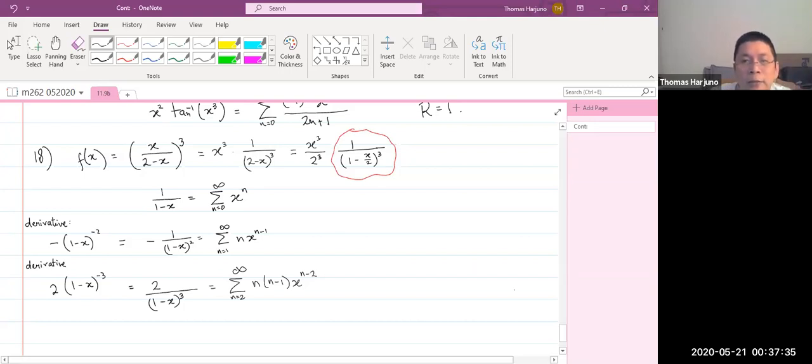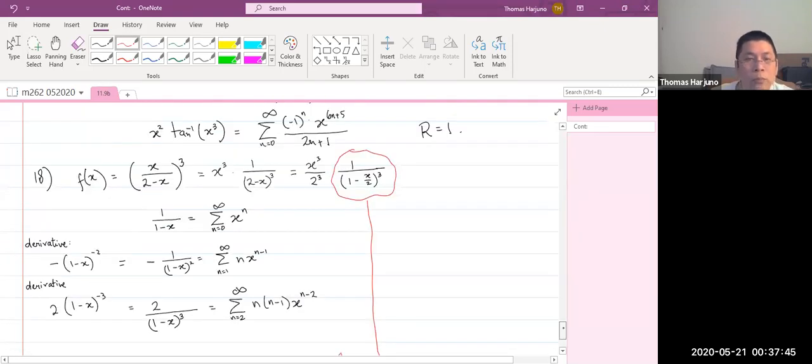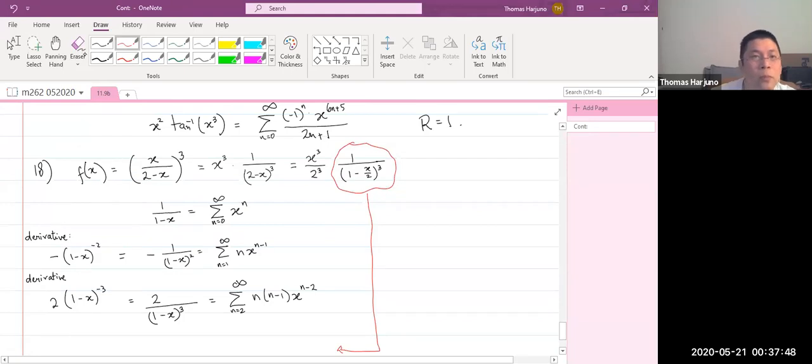Now I plug this in. Shoot. Actually, not yet. I need the x here to be x over 2, and I need this to be 1. Let me modify that first.